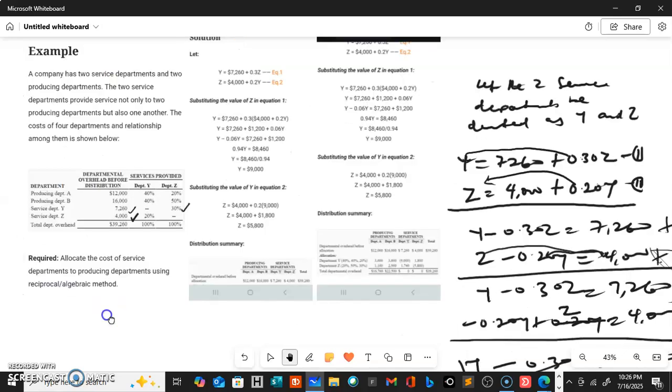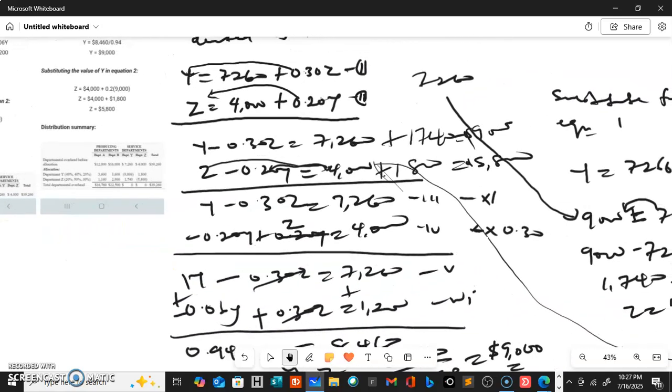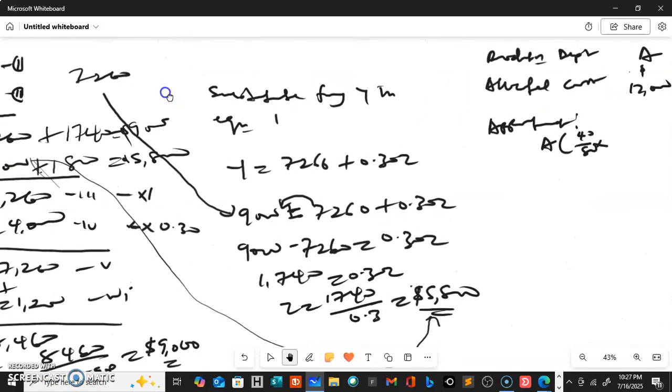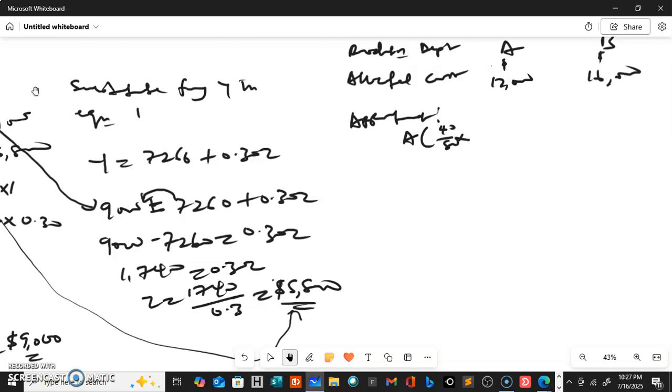That's for Department Y, 40% of Y. So we are sharing the cost of Department Y, and here Y is 9,000. So that was 40 over 80 times 9,000.